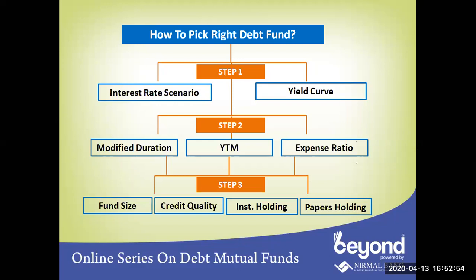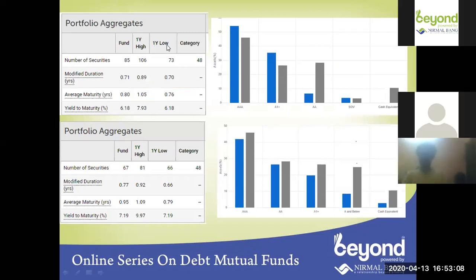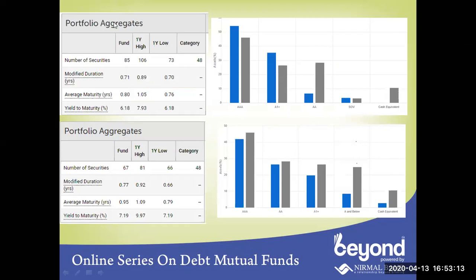Now I will show you how different it is for a normal investor to select a fund within a category. These are the 2 fund examples I have shown here. The first portfolio's YTM is 6.18%, and the maturity is around 0.80.